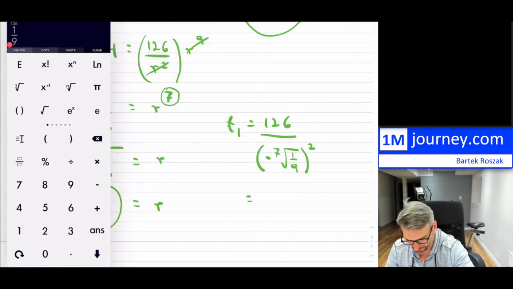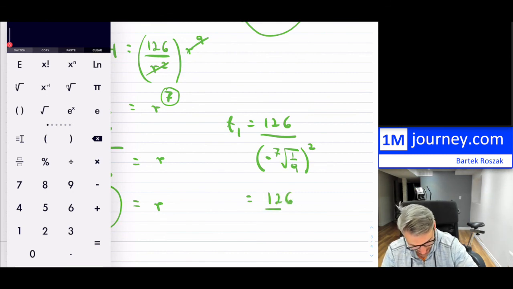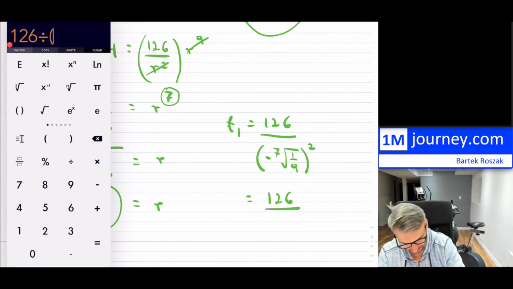So let's see what this gives us. It's not the prettiest of them all. Since we have the power of the calculator, I'm going to use that.